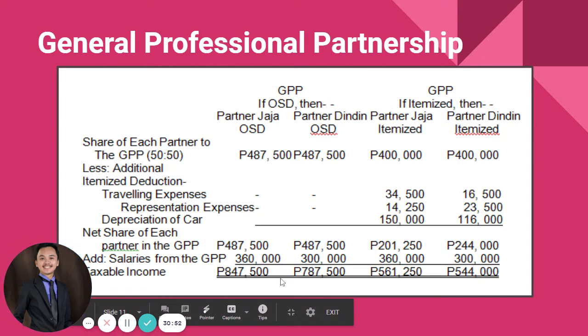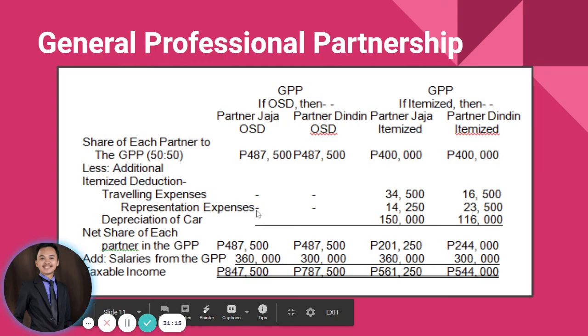Okay? So this taxable income, guys, will be taxed using the tax table, because first, the share in net income of the partnership is already net of costs and expenses, and at the same time your salaries, your compensation, cannot be taxed using 8% as well.